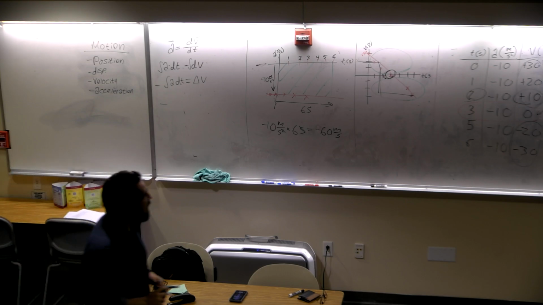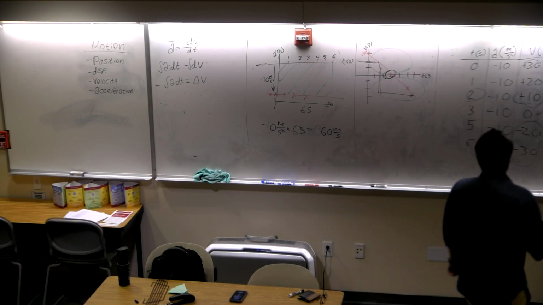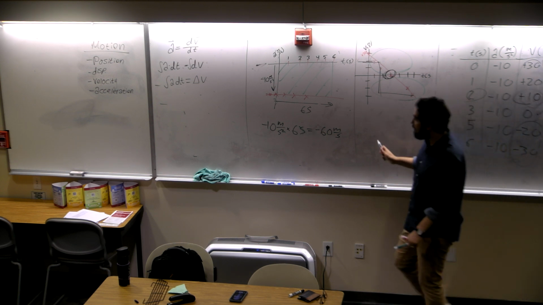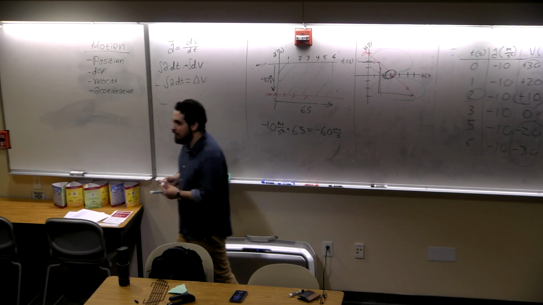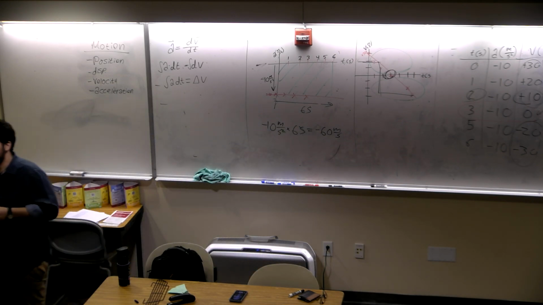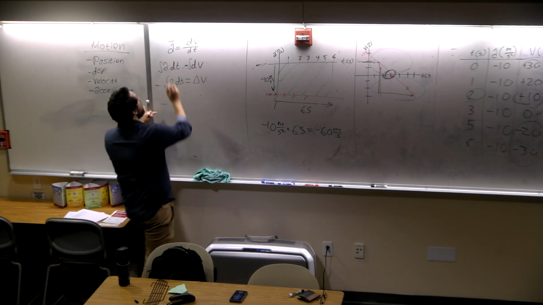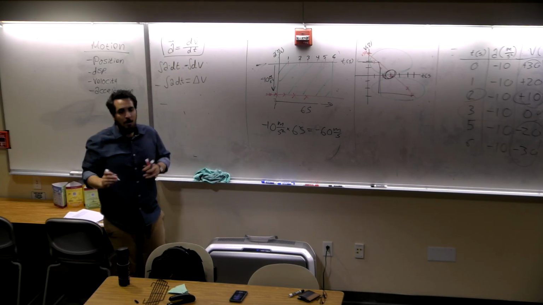When we look at our velocity, we started at positive 30. We ended at negative 30 meters per second. What is our change? Negative 60 meters per second. So what does this do for us? What we showed is that the slope did give us our acceleration.